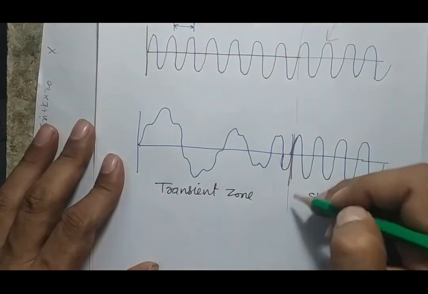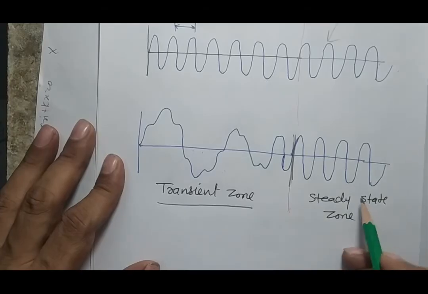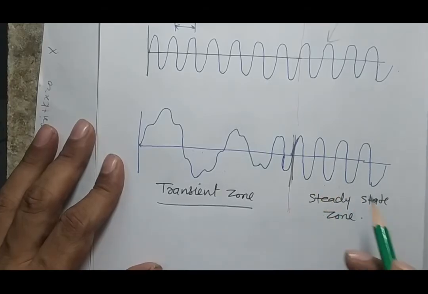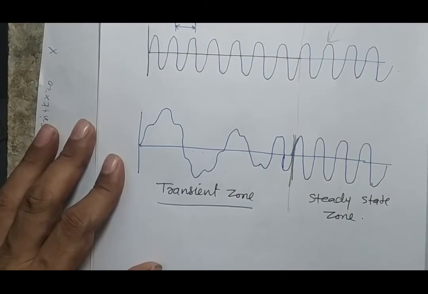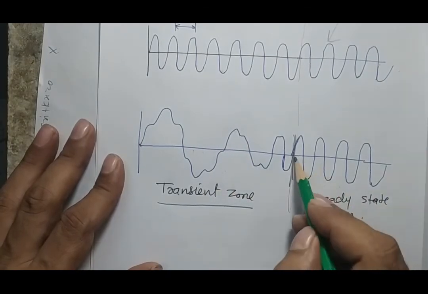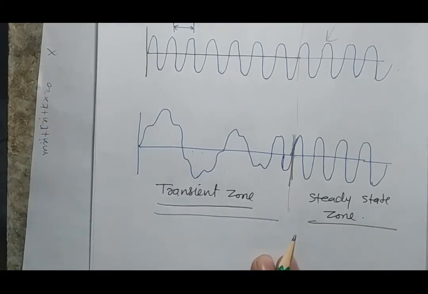Till this point where the two exist, I call it the transient zone, but beyond that only the forcing part will exist because this natural part will die out because of the damping, and this is known as the steady state zone, and this is the transient zone.